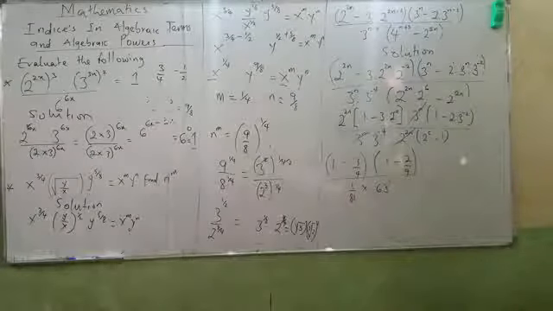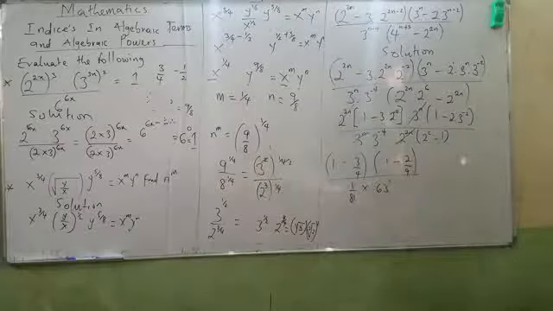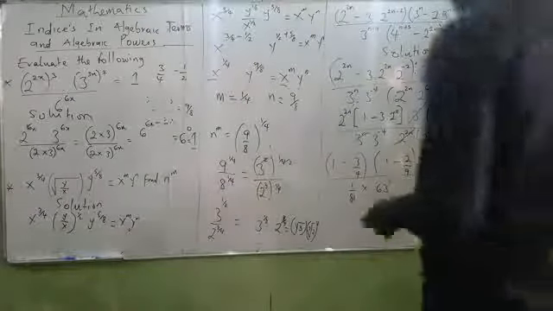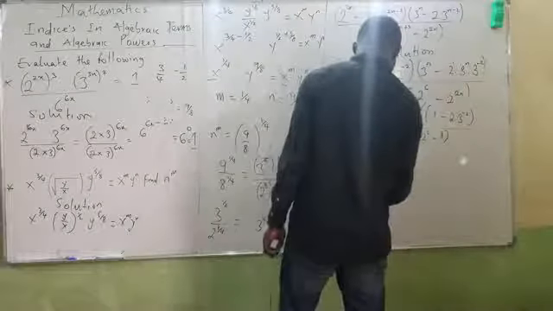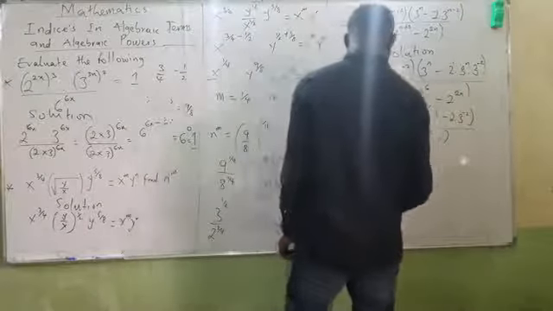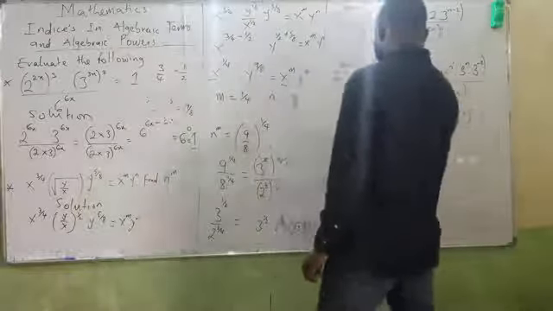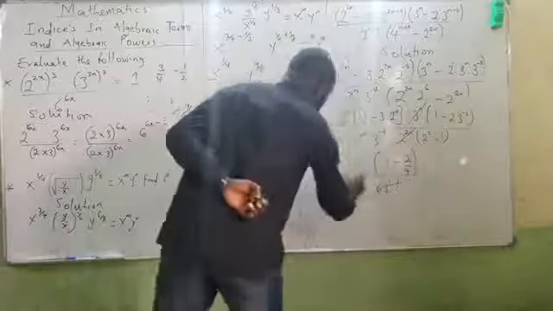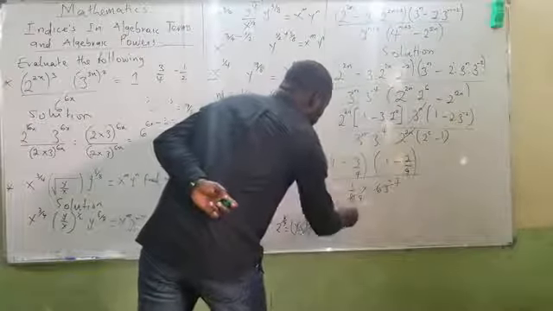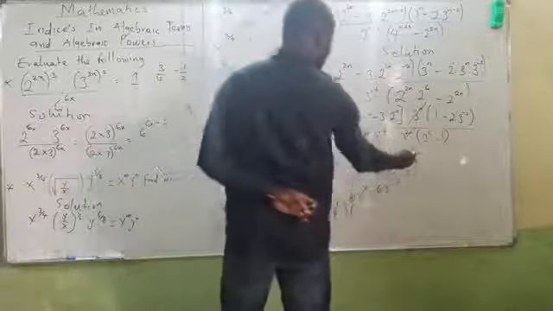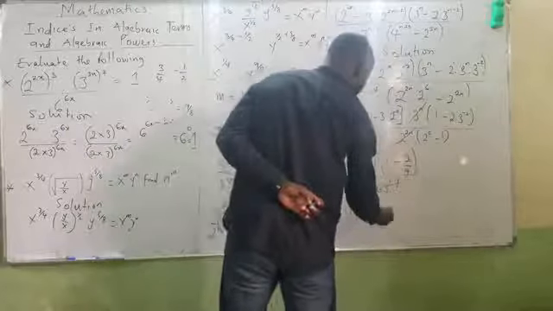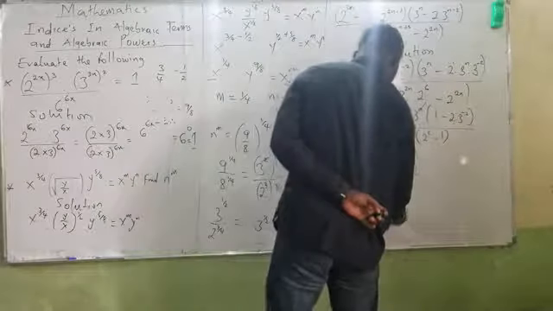Now, 63 divided by 9, that is 7. Now I can also say that 4 minus 3 will be 1, so I'll be having 1 all over 4, and 9 minus 2 will be 7 all over 9, divided by 7 all over 9.